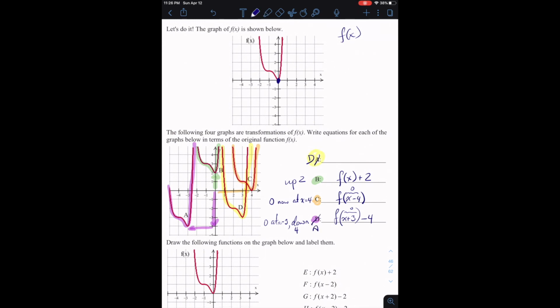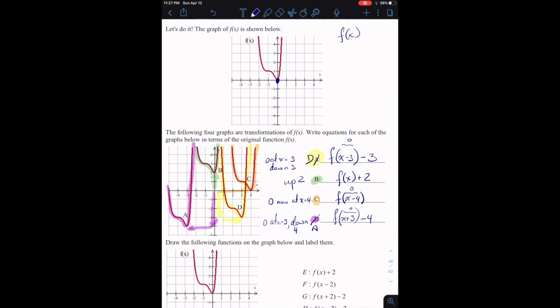And what happened with D was we shifted it down 3 and over 3, right? So now 0 at x equals positive 3 and down 3. So how do we make the 0 when x is positive 3? Right? x minus 3 will do. And then we need to subtract 3 to bring everything down 3.